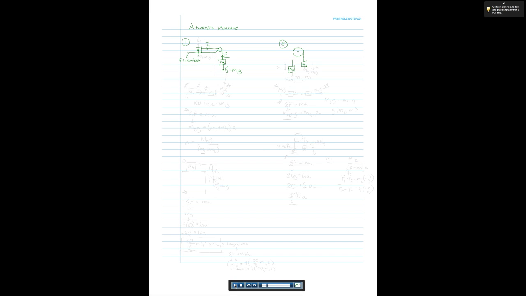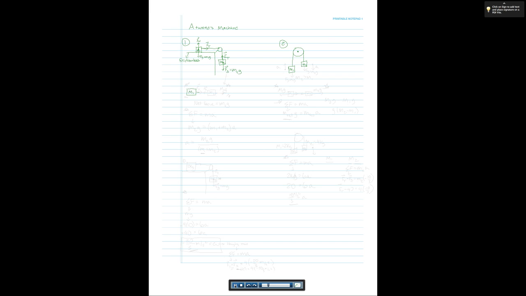Now, M1 has its weight, which is M1G, and it has its normal force, but with this type of problem, M1 isn't just going to all of a sudden jump off the table because this tension force is pulling it horizontally. So normal force and M1's weight cancel each other out, so they don't contribute to the overall net force. If you think about the net force for the system, imagine if I drew it like this.